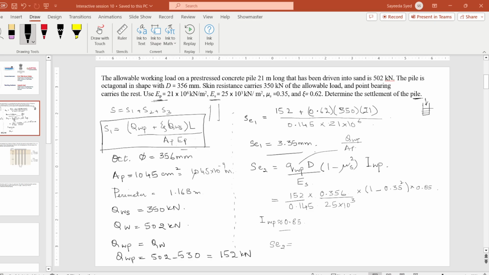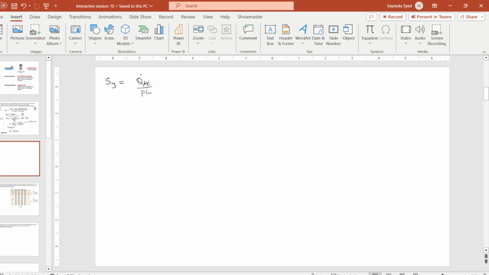Let us take now S3 due to the shaft friction. The equation is almost the same as for the pile tip, but the influence factor is a little different, and this will be divided by the shaft area, not the end area.